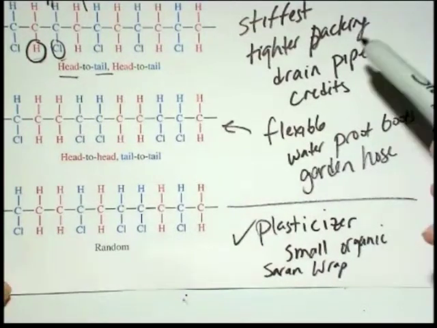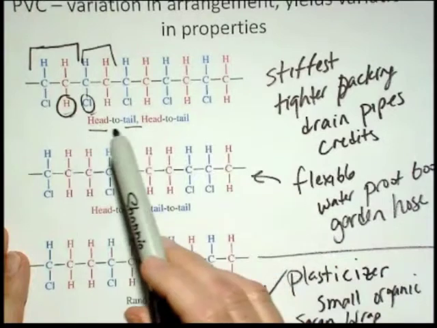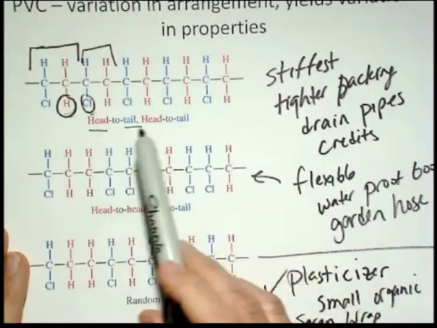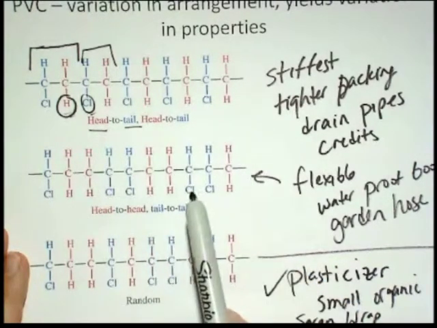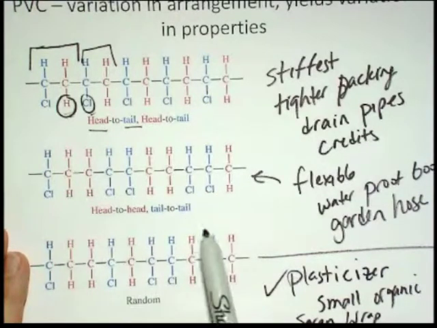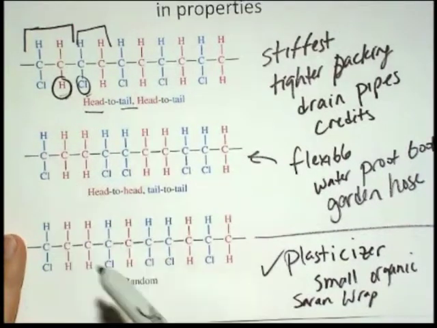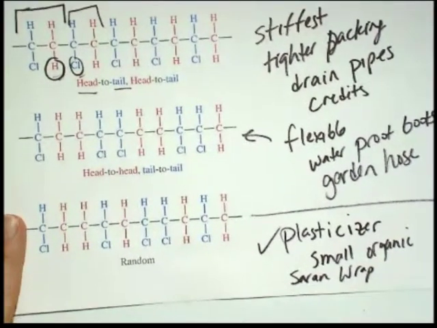So anyway, there are different ways to get different properties: the monomer units forming in a regular pattern, or a regular pattern but with the large chlorine atoms next to each other, or random. And then finally, another way to get different properties in your plastic is to add a small organic molecule to add more flexibility. But there are some issues with that.